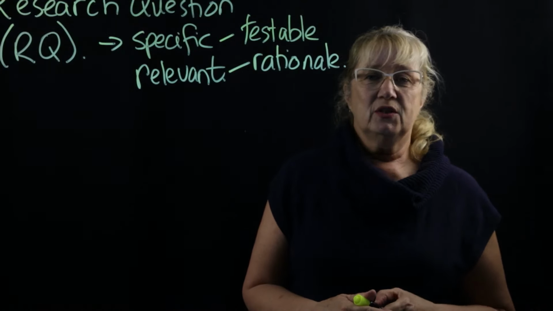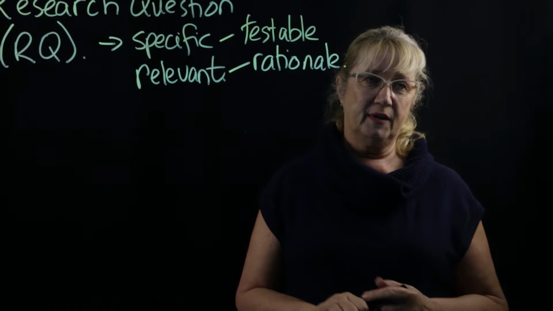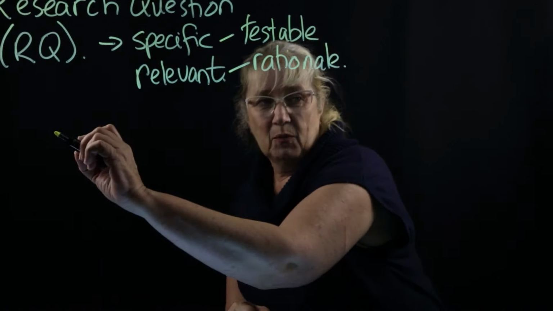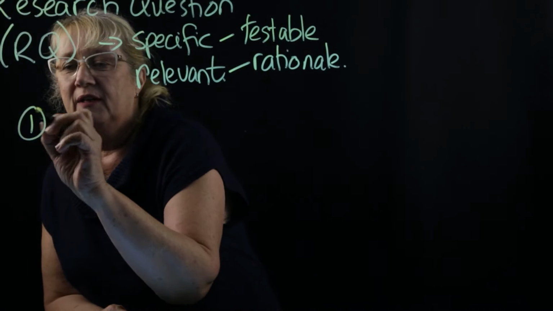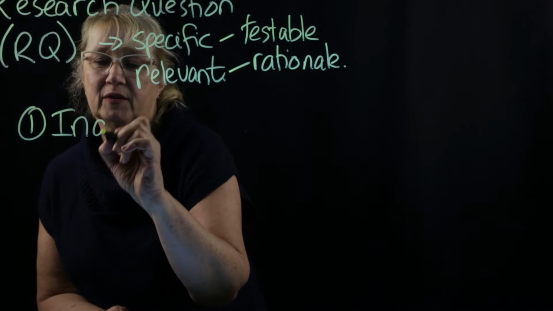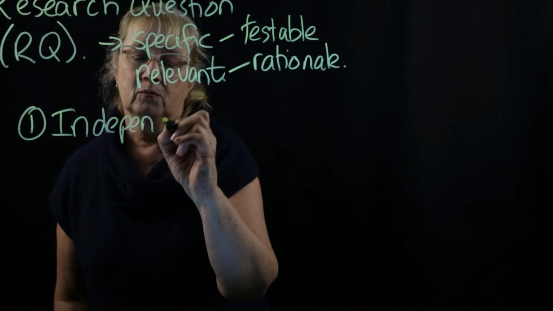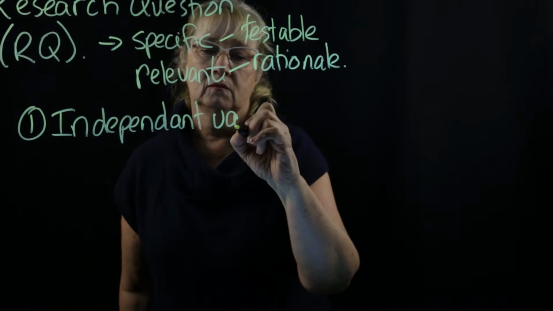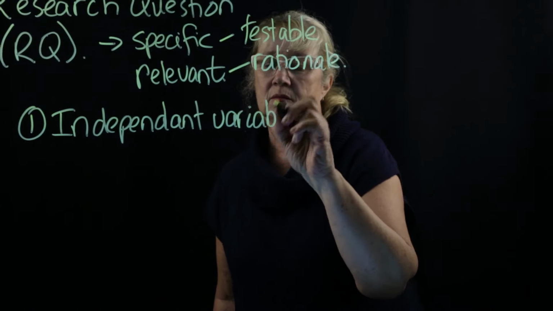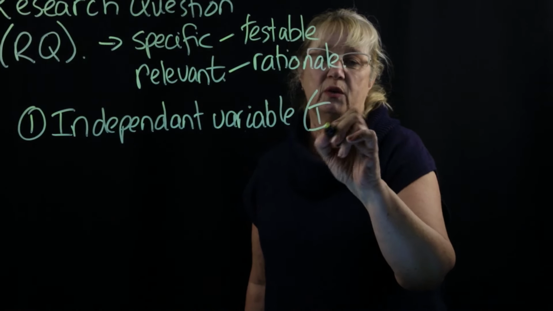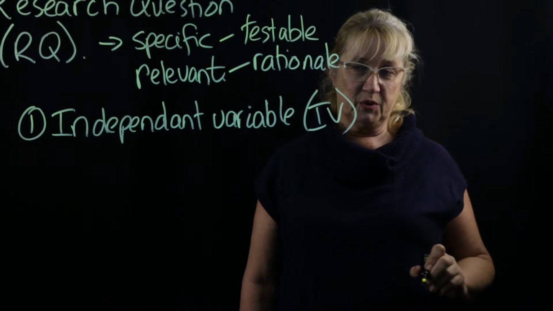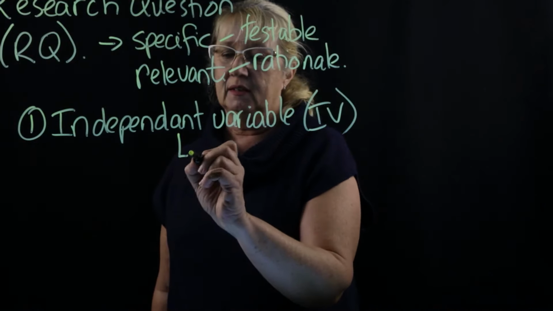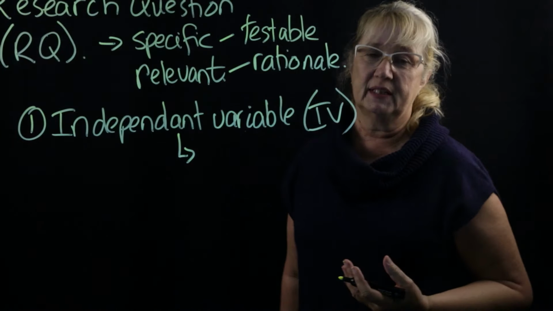So you need to have enough detail in your research question to allow that to happen. A research question should also have a few very important sections. Number one, it should have an independent variable, which we call the IV for short. That is the variable that you are controlling.